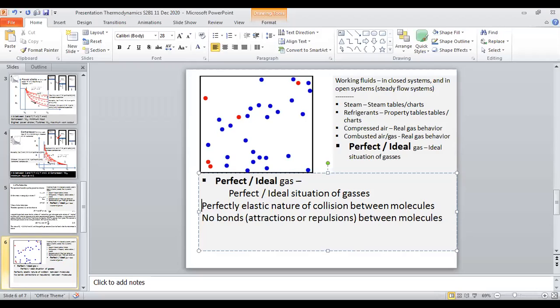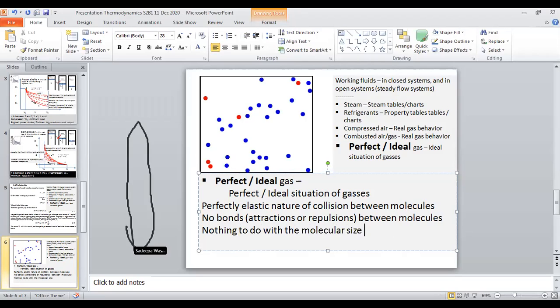And this is nothing to do with the molecular size. Molecular size is not important for this perfect and ideal nature or situation. Nothing to do with molecule size.